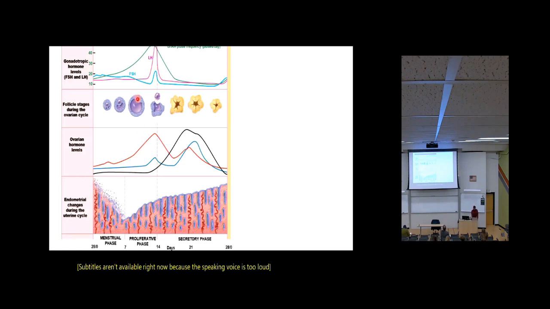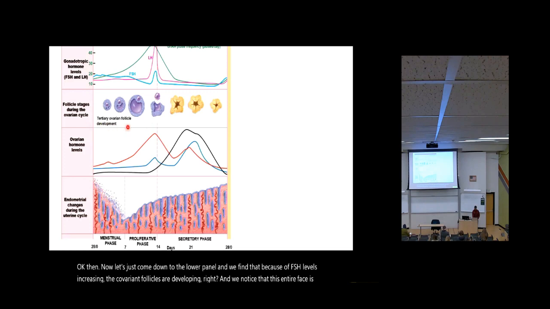Okay, now let's just come down to the lower panel, and we find that because of FSH levels increasing, the ovarian follicles are developing, right? And we notice that this entire phase is called the follicular phase because the follicles are developing.